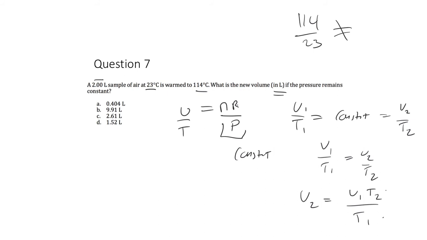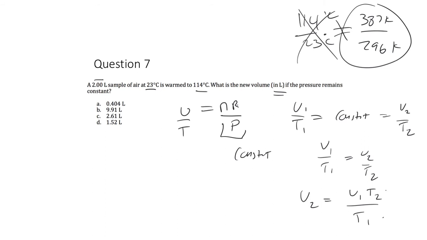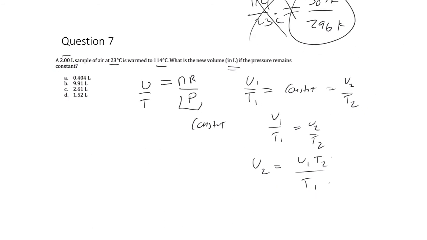If I convert, 114 plus 273 is 387 Kelvin, and 23 plus 273 is 296. So the ratios aren't the same. 114 divided by 23 is 4.96. That's not 387 divided by 296. So you have to convert to Kelvin in these problems. You get a different ratio if you leave it in degrees C.